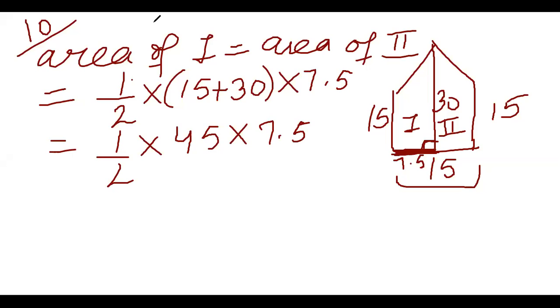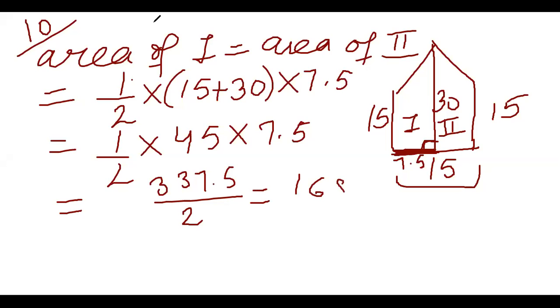So what will be the answer here? It's equal to 337.5 divided by 2, which is equal to 168.75. Now we'll find out the area of the pentagon.